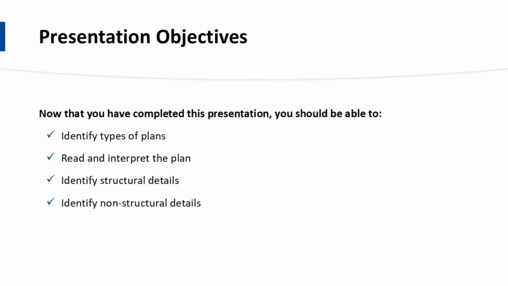Finally, we explore non-structural details: prime cost and provisional sum items, service installation points, fixtures, and finish schedules. These 4 objective areas give you the foundations to interpret any residential or small commercial building plan confidently and accurately.